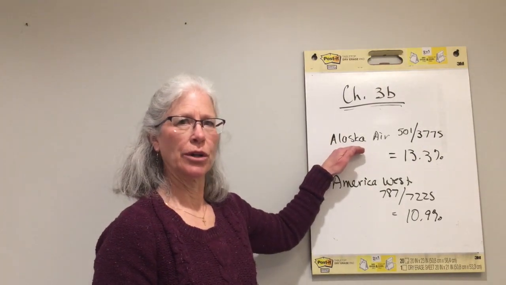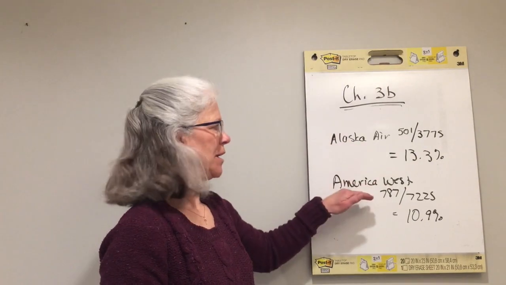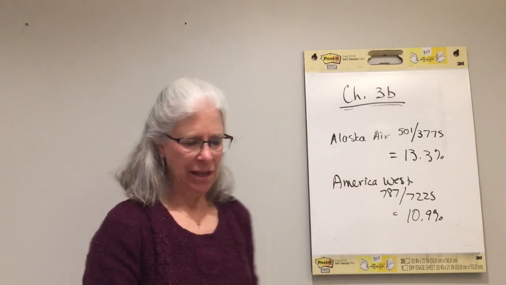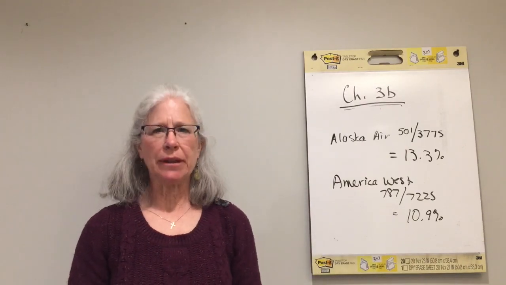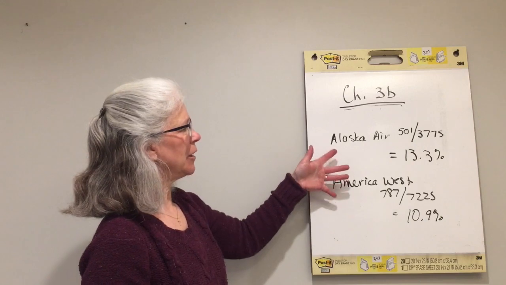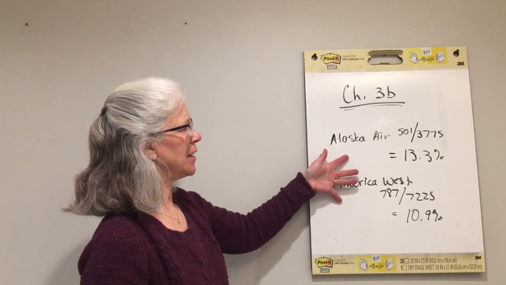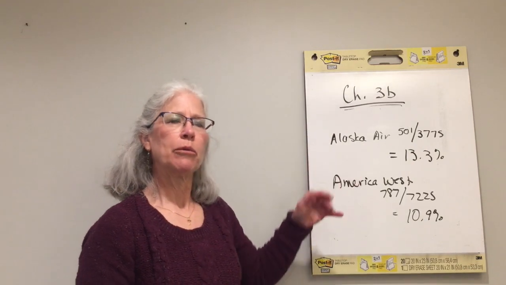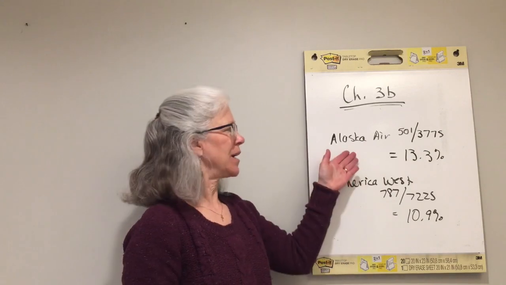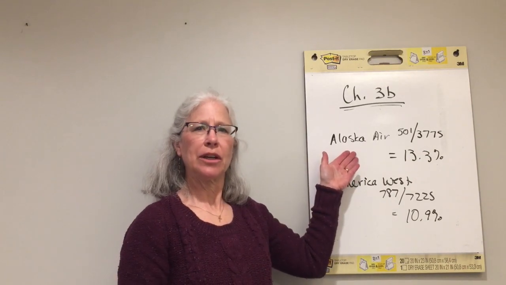They had a lower delayed flight rate than America West. So the question is, how can this happen? How can this happen? That clearly, when we just combine all the data, Alaska Air did worse, but when we break it up by airport, Alaska Air did better at every single airport.